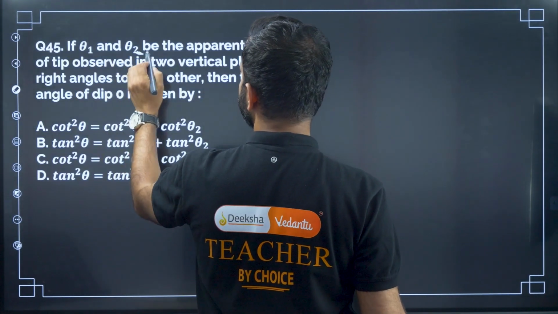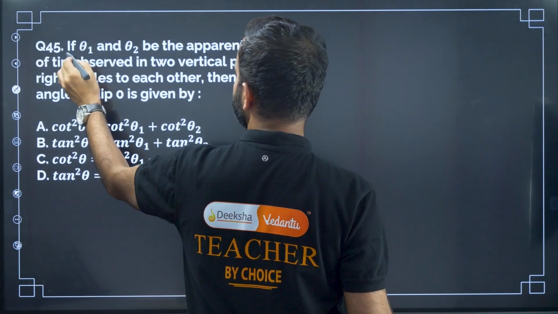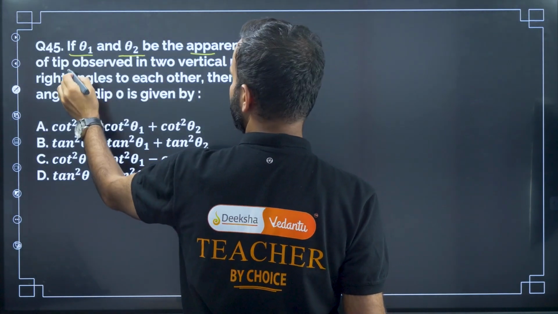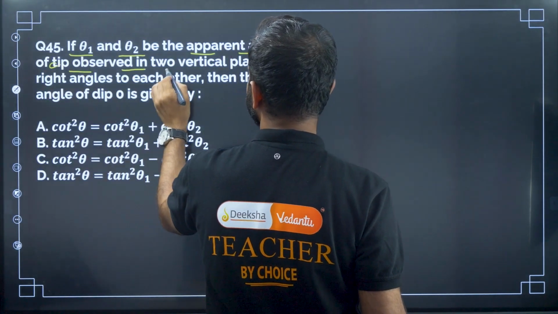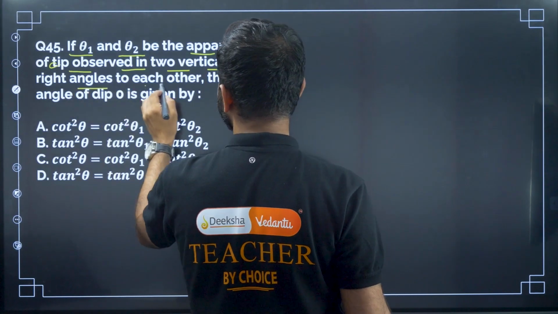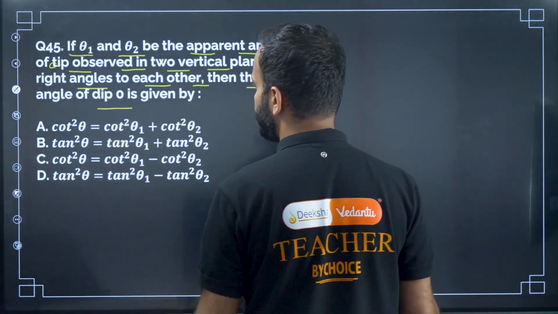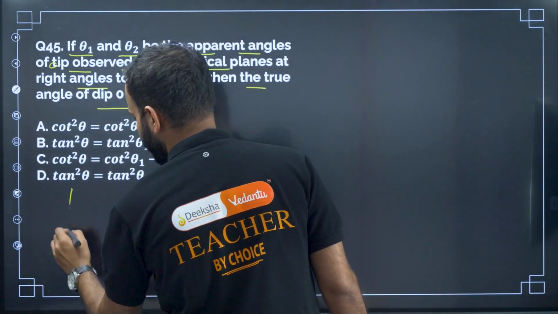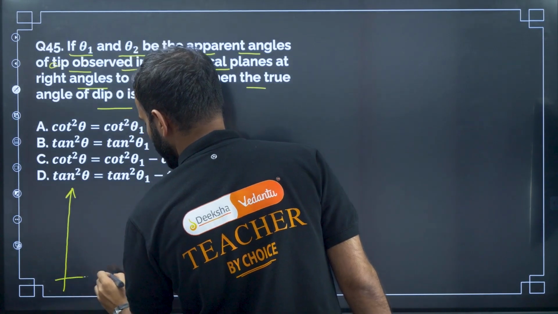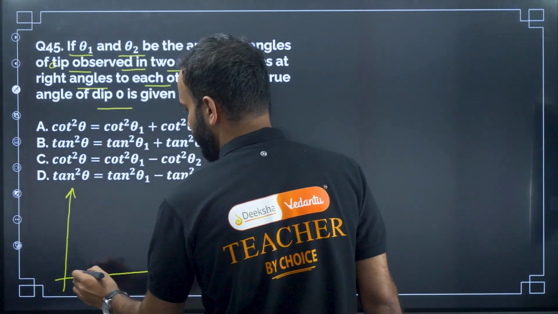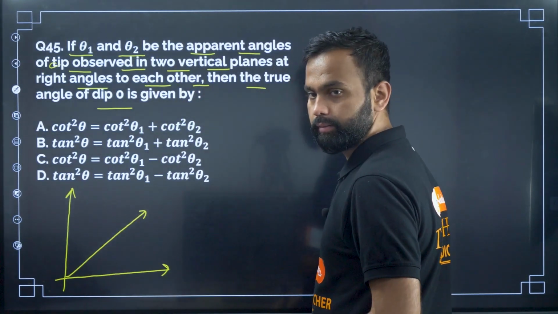Question number 45. If theta 1 and theta 2 be the apparent angles of dip observed in two vertical planes at right angles to each other, then the true angle of dip is given by. So here, this is the magnetic meridian, right?